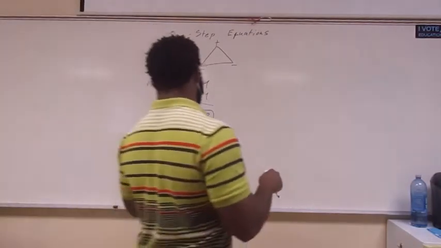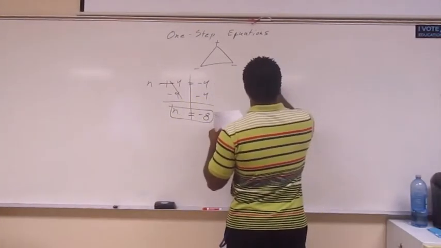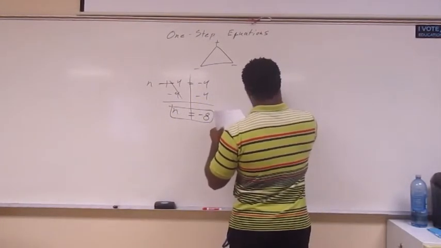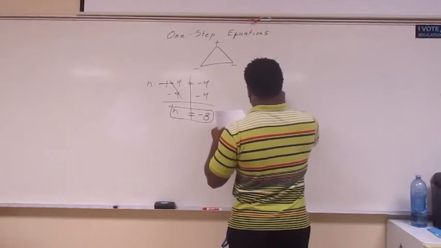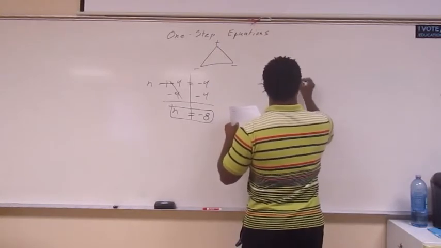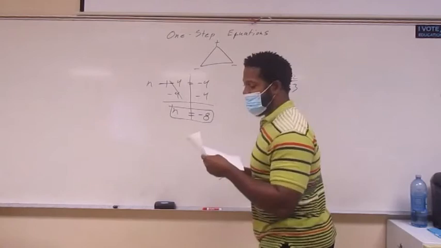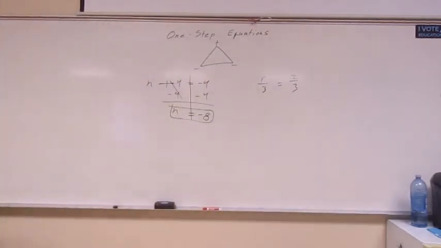A couple of y'all might have a problem like this. R over 3 is equal to 2 over 3. So obviously the R is 2.